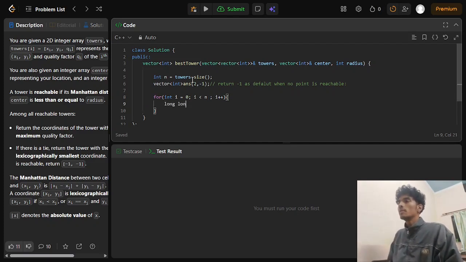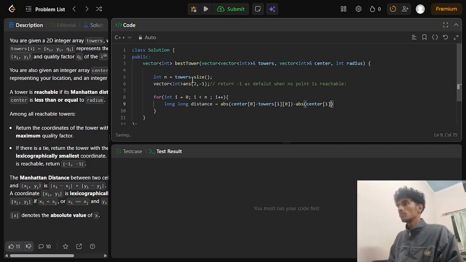We will be calculating the Manhattan distance, which is given by the abs of x1 minus x2, where x1 is our center, center of 0, minus towers of I, and so on.